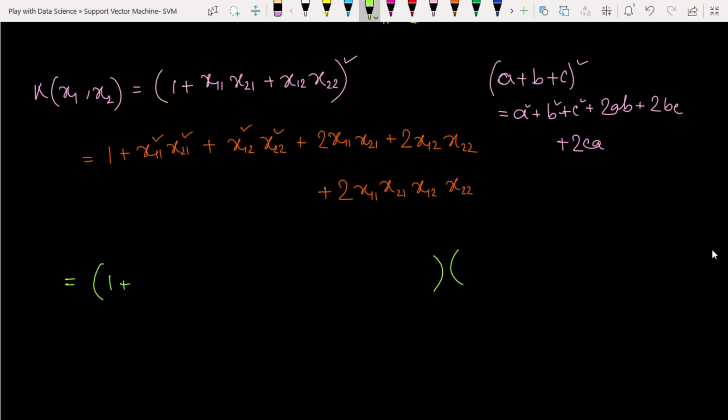Into this one: the first one here I write x11 x21, plus also here x11 x21, so both terms multiply here. Now here I write x12 x22, plus also here x12 x22.